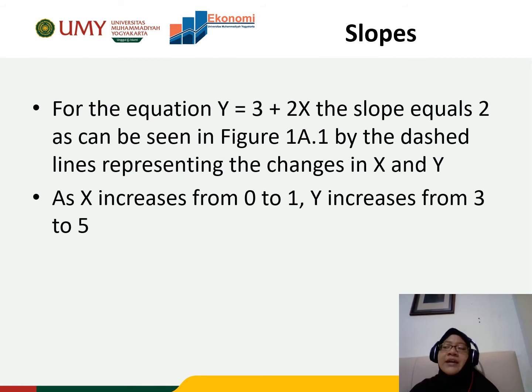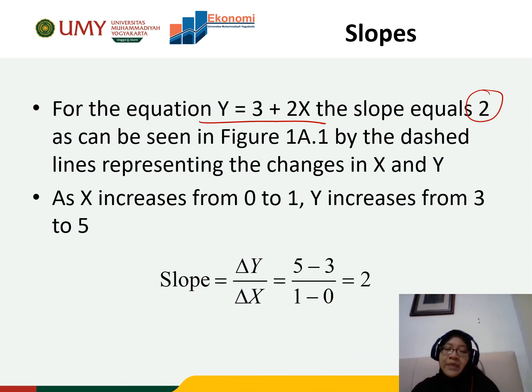Probably we can make an example from the equation y equal to 3 plus 2x. We can say the slope is equal to 2. Why is it equal to 2? Because you can see that when x increases from 0 to 1, if x is 0, y is 3, and if x is 1, y will be 5.